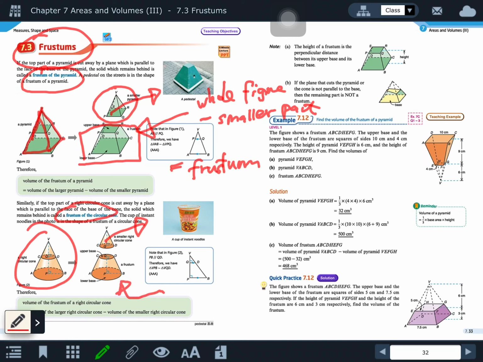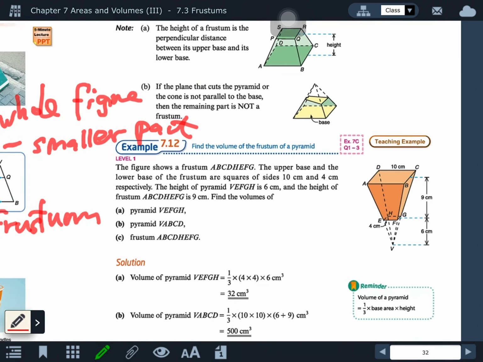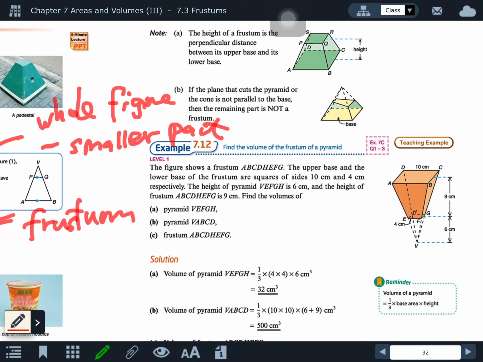But we have to notice that to calculate a frustum, the upper face and the lower face must be parallel. If the upper face is not parallel to the base, then this is actually not a frustum, and we cannot calculate it like this.